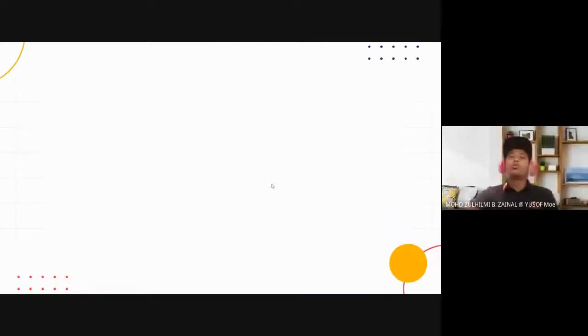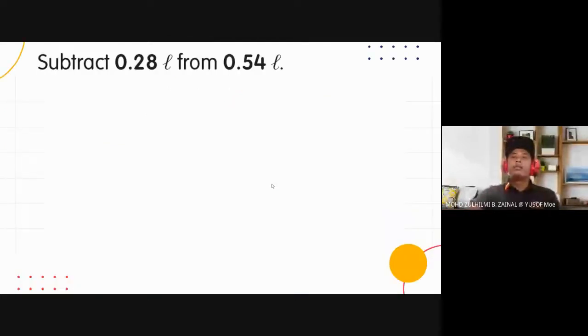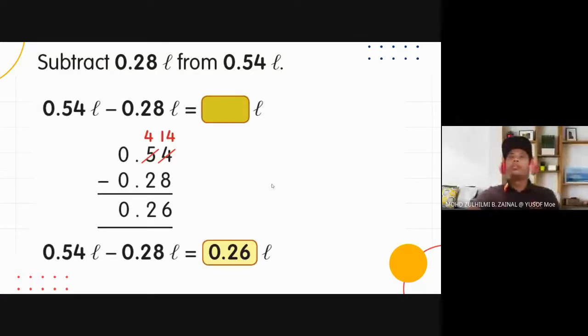Markah. Okay. Then the second one. For subtraction, the example is given: subtract 0.28 liter from 0.54 liters. So what should you do? Write down the standard written method. Okay, this one is the simplest standard written method that can be written lah.